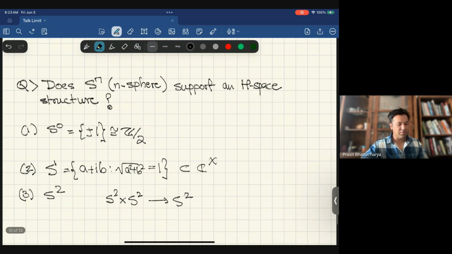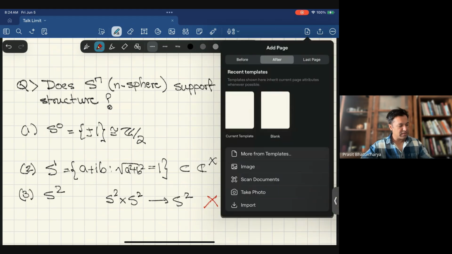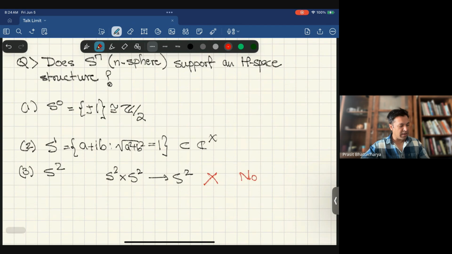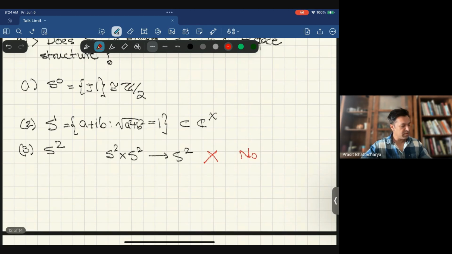How about S^2? Can the two sphere have a multiplication? The answer is actually no. And you will study later on in an advanced topology course why it's no. I don't want to get into the details in this talk.